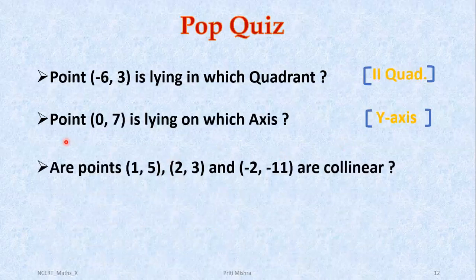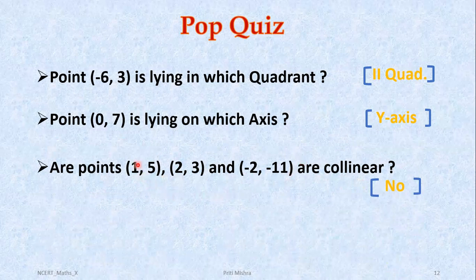Next question, are the points (1, 5), (2, 3) and (-2, -11) collinear? So just use the condition of collinearity of 3 points, which I have explained to you. Now I'm going to tell you the answer. The answer is no. These 3 points are not collinear.